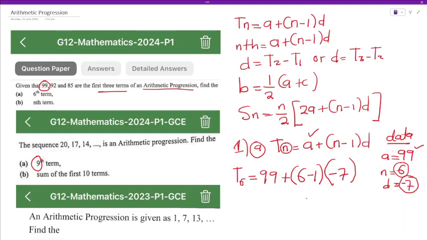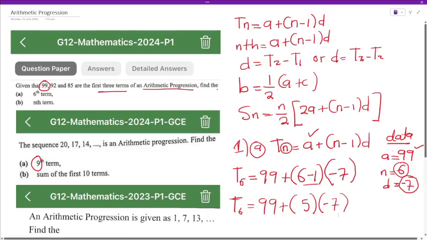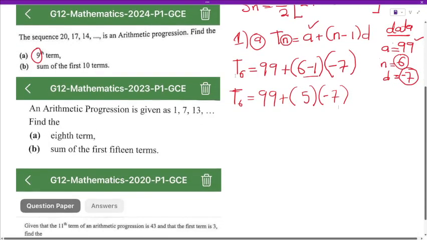Okay, so once we do that, we can now start solving for T6, term number 6. According to BODMAS, we have to start with the brackets. So I'm going to say plus, open brackets, 6 minus 1 there is a 5. Open bracket, close bracket, like that. And then we multiply. 5 times negative 7.